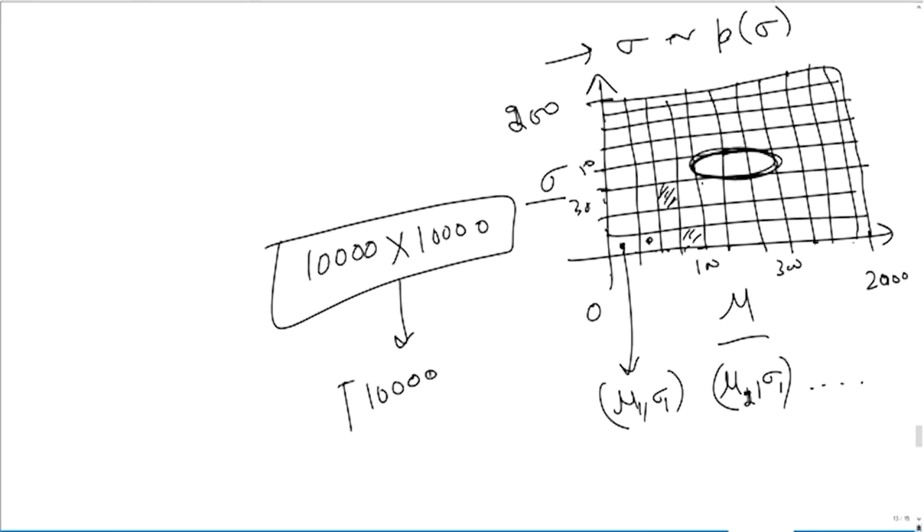So this is the number of proposals you are generating, and out of this only, let's say, 10,000 proposals have non-zero posterior density, and most of them have 0 posterior density. So basically you are wasting a huge number of samples, because the posterior density is only in this region. The rest of the proposals you are just throwing away. You need to reject them because they have 0 posterior density, and that's a huge wastage.